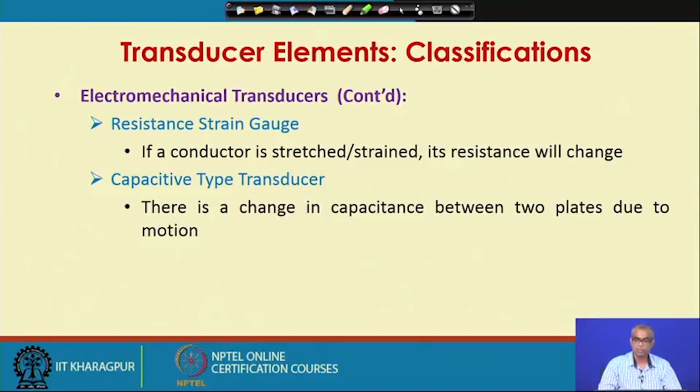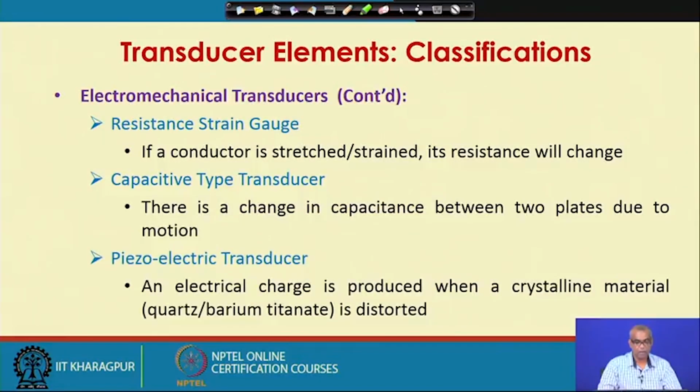So, this is the principle that capacitive type transducer uses. And piezoelectric transducer, an electrical charge is produced when a crystalline material such as quartz or barium titanate is distorted or force is applied. This is the principle for piezoelectric transducers working.